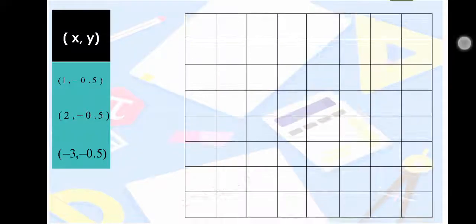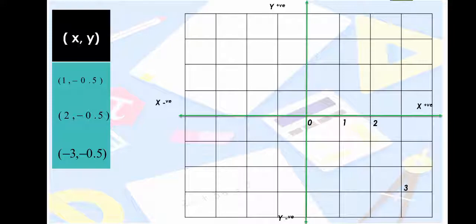Take a graph, take a horizontal line, mention positive x-axis, vertical line for positive y-axis, and negative x-axis and negative y-axis. Mark origin where the value of x and y is equal to 0. Now in the x column the maximum number is 3, so points will be 1, 2, 3.